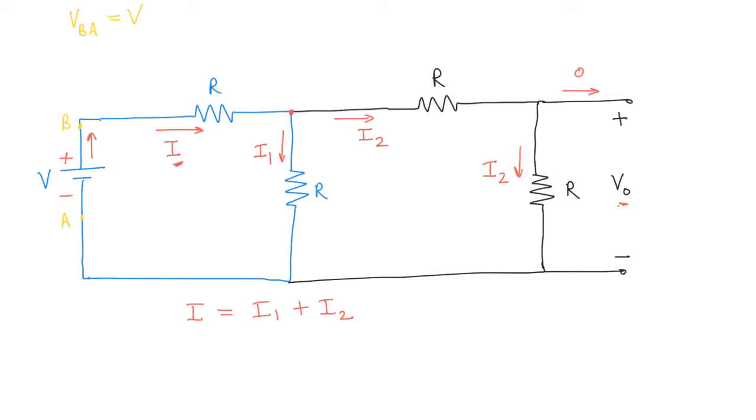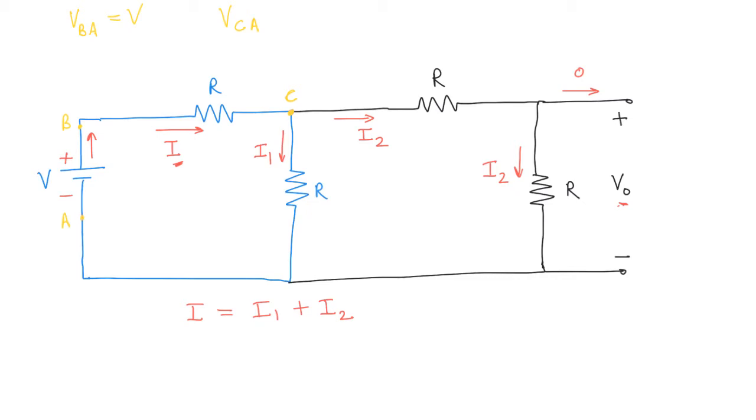So similarly, let's call this point C, and I say what's the voltage of point C with respect to A. So I want to find out the voltage of point C in relation to point A. And how would I do that?